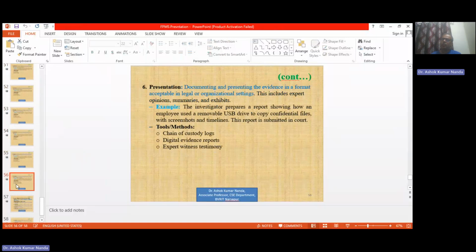That report will be in proper order with the full evidence of the incident. We have to submit the proof in an acceptable format of the legal system or the organization.